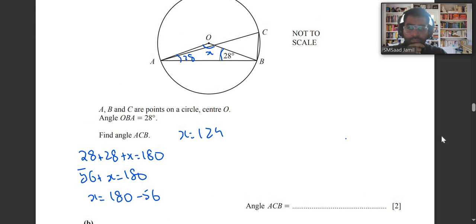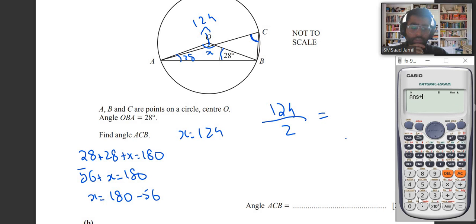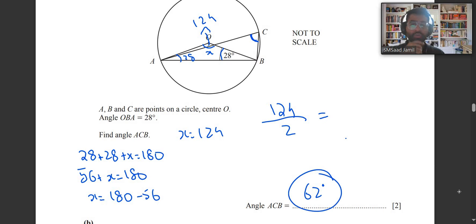Now look, this angle at center is 124, and this is angle at corner. There is a rule that angle at center is twice angle at corner. So what we will do? We will divide 124 by 2, which must be 62, but again my maths is bad. So you get an answer of 62 degrees.